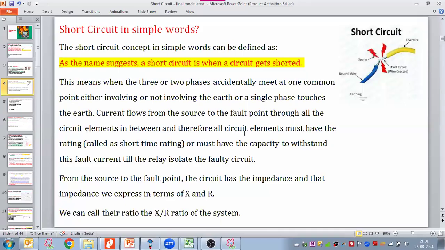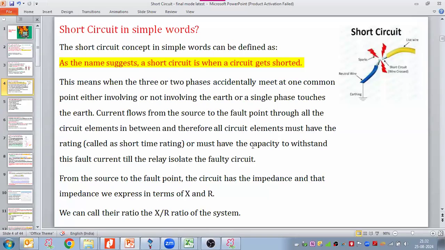Therefore all circuit elements must have a rating, which is called short time rating, or must have the capacity to withstand this fault current till the protective relay isolates the faulty circuit.